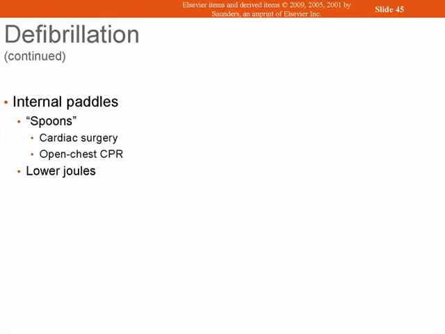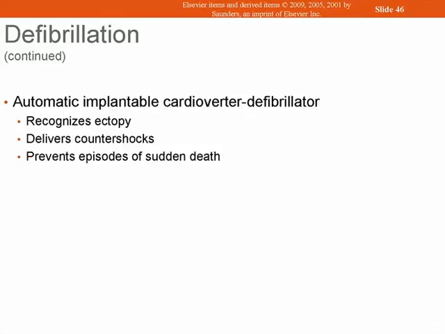It's a much lower jolt, and it's direct paddle to heart contact. Another type of cardioverter or defibrillator is an automatic implantable cardioverter defibrillator. This actually will recognize an ectopy and it will deliver a countershock, and it prevents any episodes of sudden cardiac death.